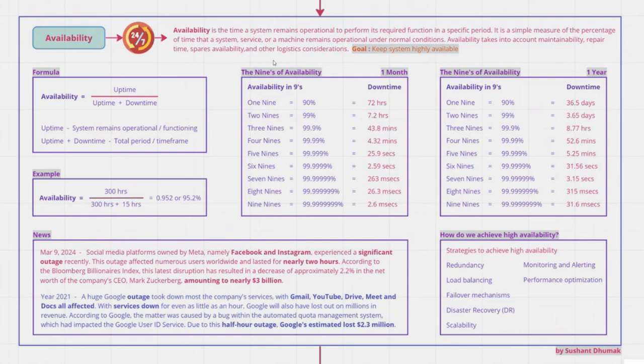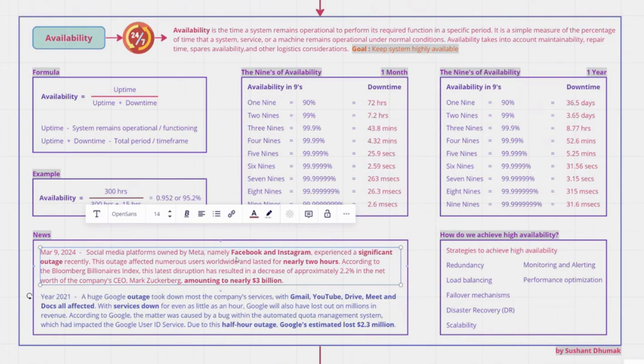And why availability is so important is that there is a big impact if a system used by millions or billions of users is not available. It will have a huge impact on the business itself. Down here, I put some recent news as well as some from years back, where you can see that our social media platform, which we use maybe daily, Facebook or Instagram, had a significant outage of nearly 2 hours.